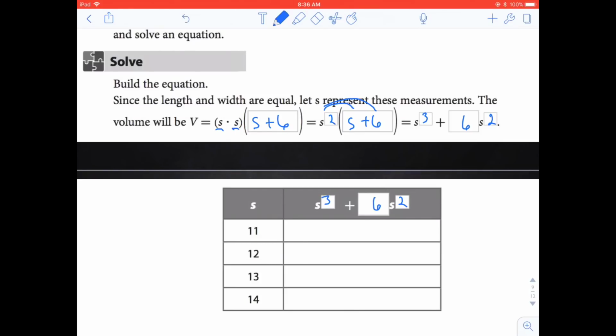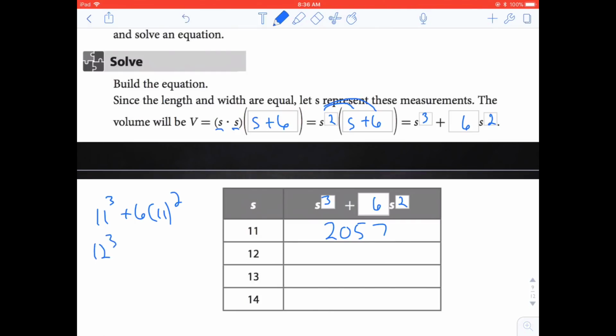So I'm going to substitute 11 in. The way that's going to work is I'm going to go 11 cubed plus 6 times 11 squared. Use your calculator, multiply that out. And once you do that, you get 2,057.